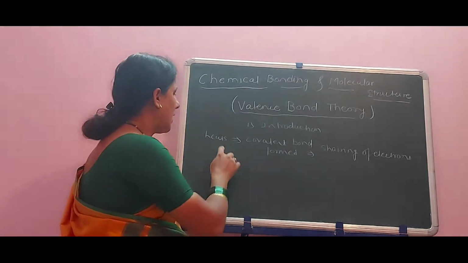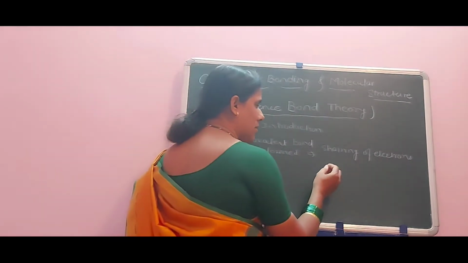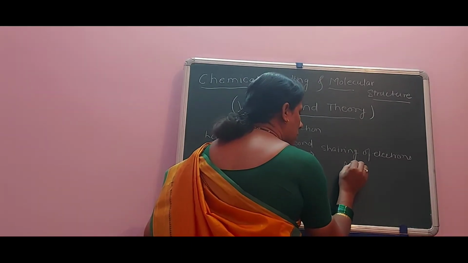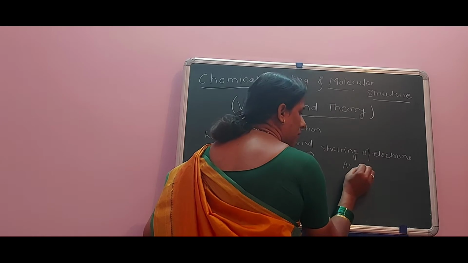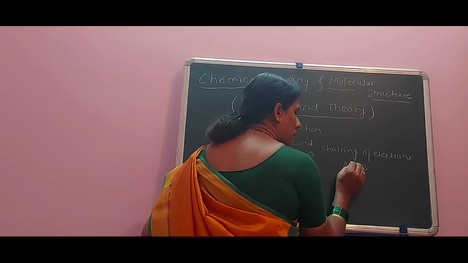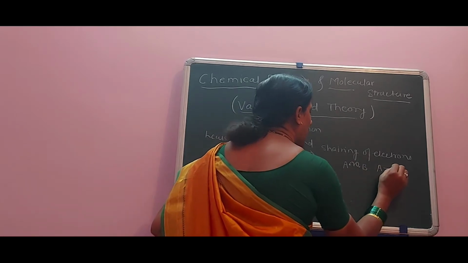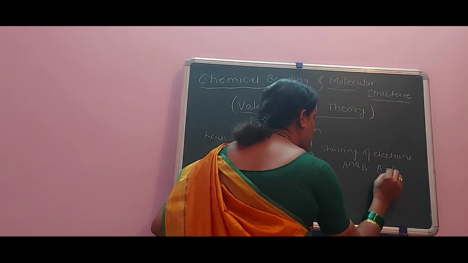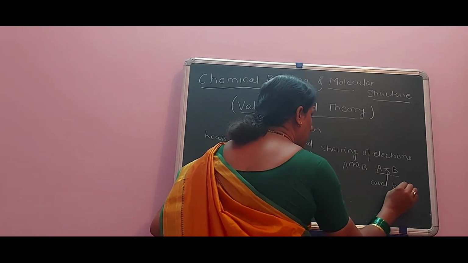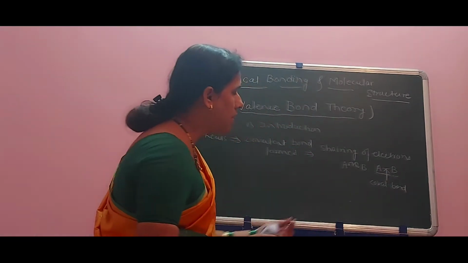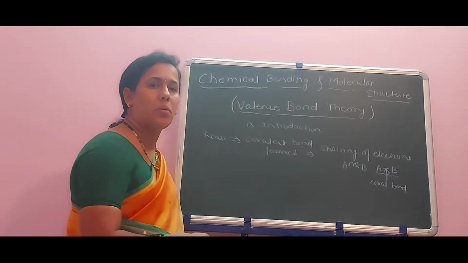The covalent bond is formed by the sharing of electrons between atoms in a molecule. That is, one electron from this atom, one electron from this atom, we share them, and there is formation of a bond here. This is called a covalent bond. Its designation is a dash, like a single bond. Already you know this.